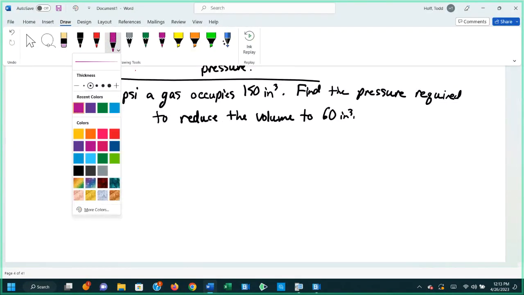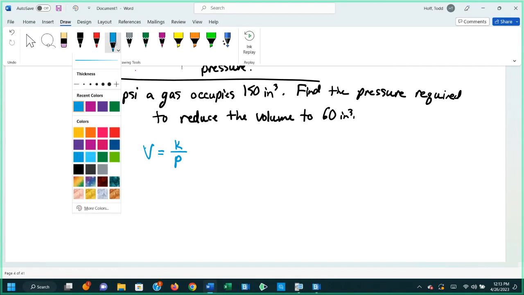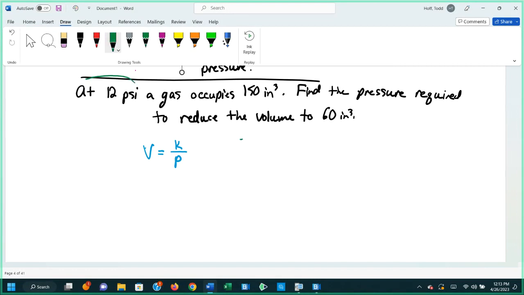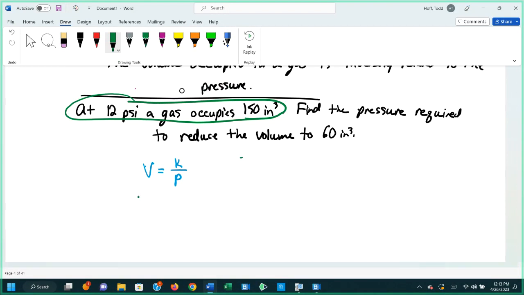So again, we knew that this is an inverse relationship. So the volume is equal to a constant over the pressure, inversely related to the pressure. And we have this initial condition. At 12 psi, we occupy 150 cubic inches. So 150 cubic inches is the volume. We put that in here for V, equals K over 12 would be the pressure.